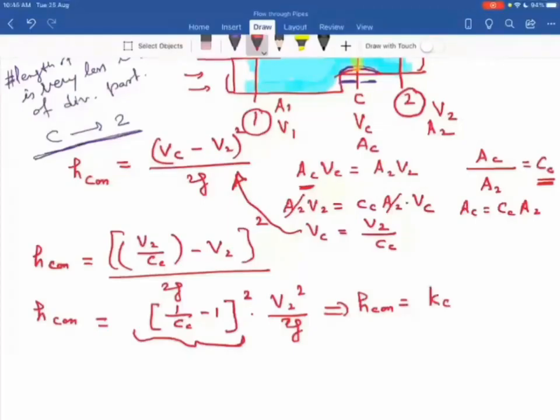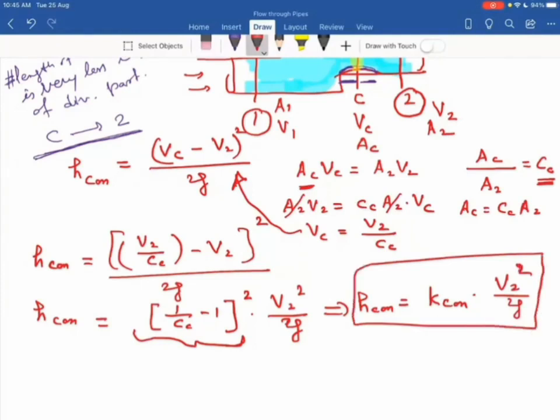Now you can again see this loss is one constant multiplied by the velocity head corresponding to the leaving velocity. So HCON depends on V2 and HEXP depends on V1.